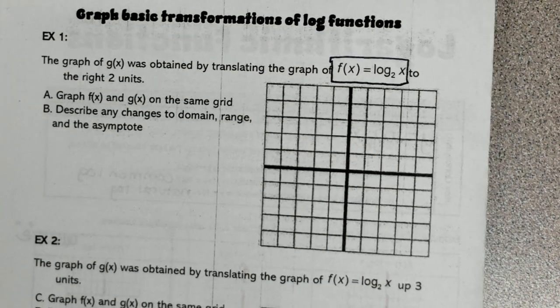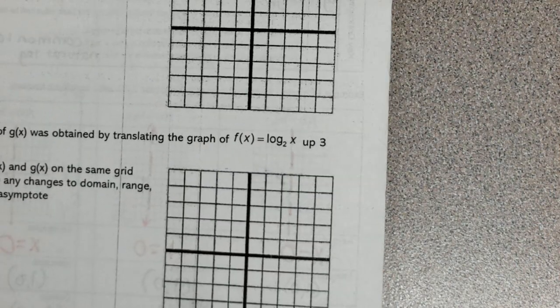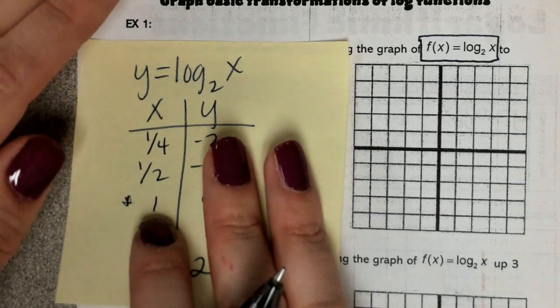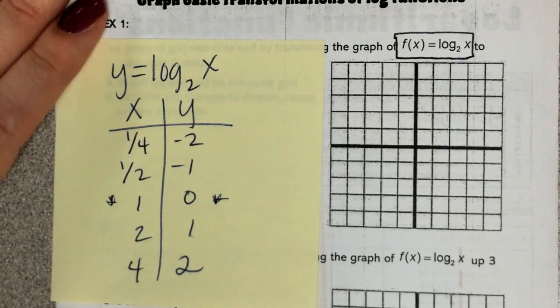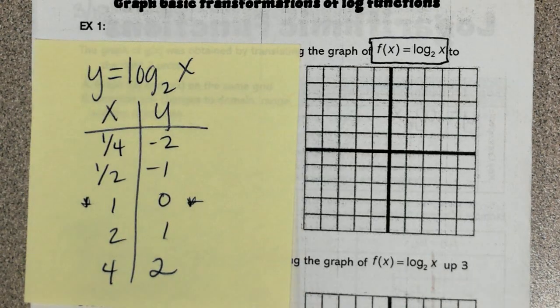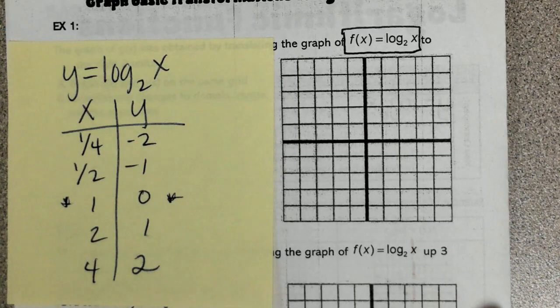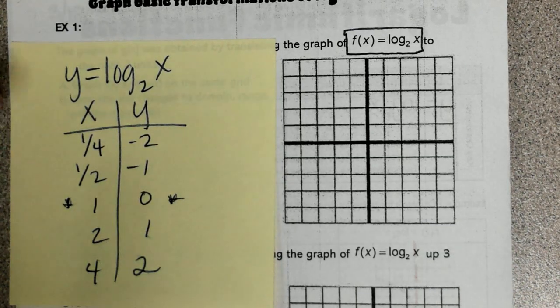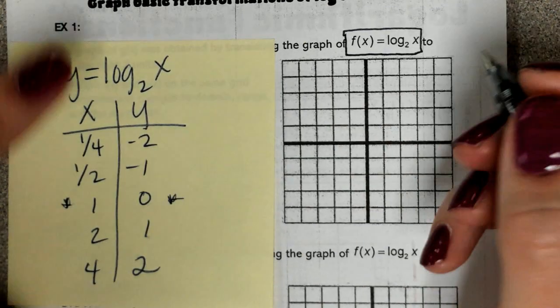Now, I didn't want to keep flipping back and forth, so I just copied down the table on a little sticky note so we can just easily grab these points. Once you do it a few times, you'll know it. You won't have to flip back and forth too. Okay? So let's just plot these points on this graph.